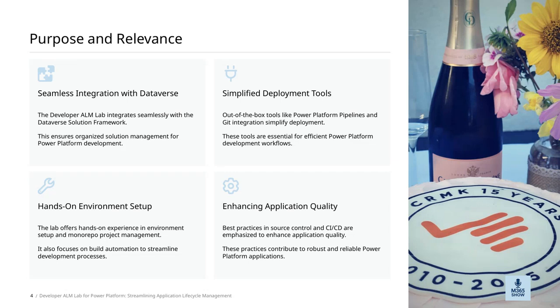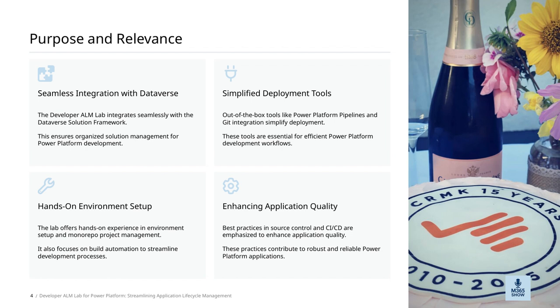Let's take a closer look at the purpose and relevance of this lab. The main goal here is to streamline application lifecycle management for the Power Platform. We're emphasizing best practices in source control and CI/CD, continuous integration and continuous delivery, to improve the quality of our applications. These practices are crucial because they help us build more robust and reliable Power Platform solutions, reducing errors and making updates smoother.